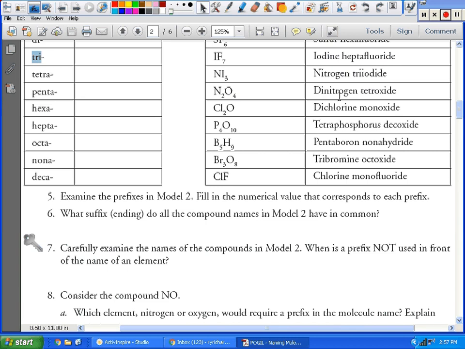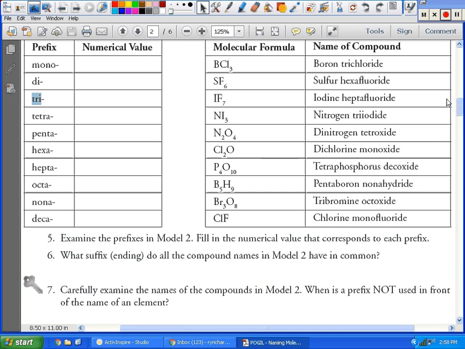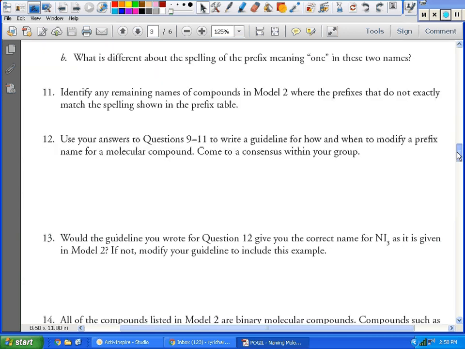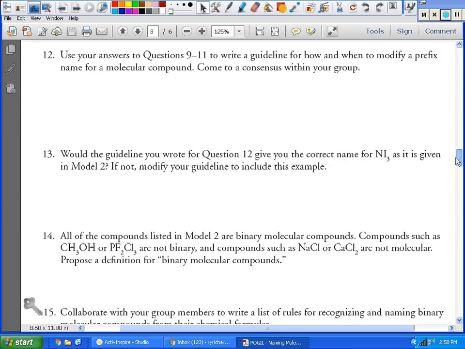All right, so number 12. Use your answers to questions 9 through 11 to write guidelines of how and when you modify a prefix name for a molecular compound. Come to a consensus within your group. All right.